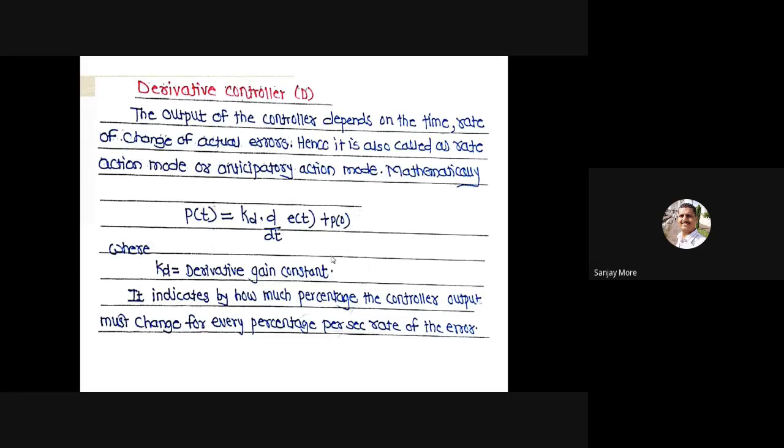It indicates by how much percentage the controller output must change for every percentage per second rate of the error.